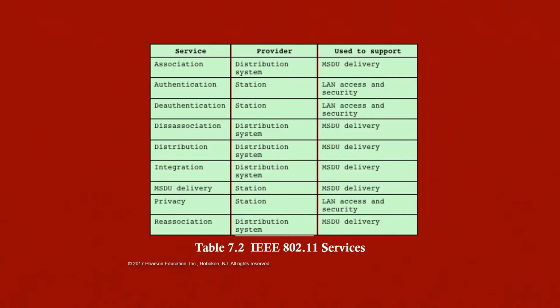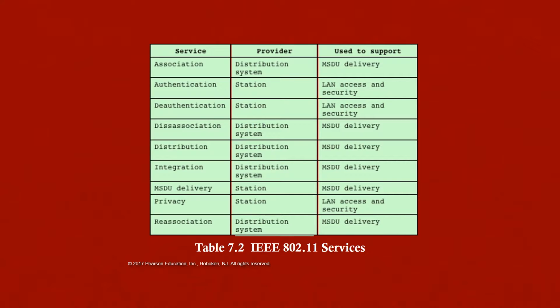The service provider can be either the station or the DS. Station services are implemented in every 802.11 station, including AP stations. Distribution services are provided between BSSs. These services may be implemented in an AP or in another special purpose device attached to the distribution system.